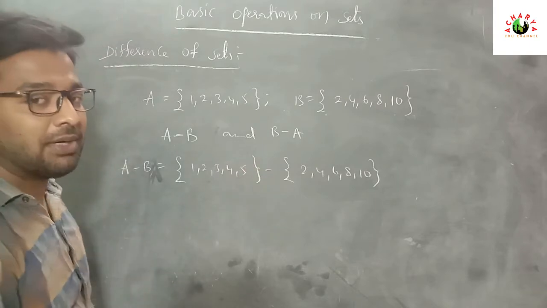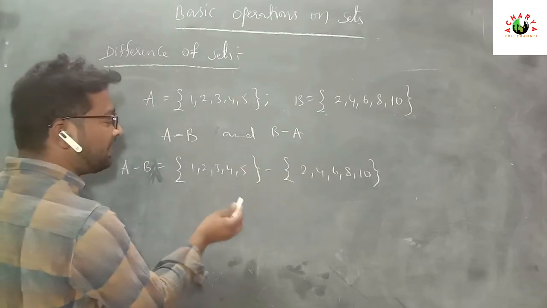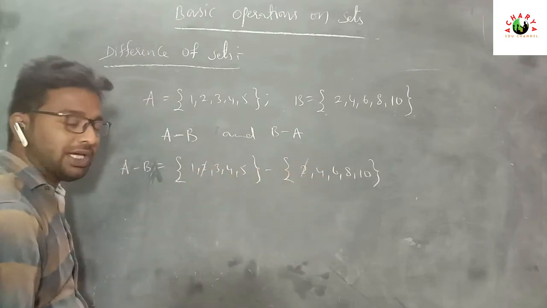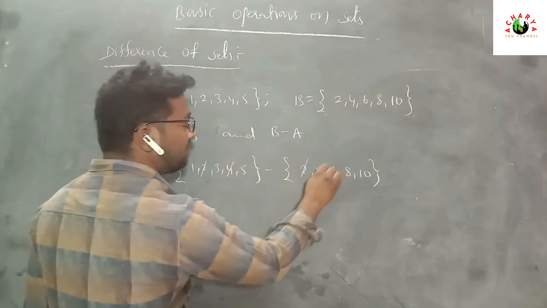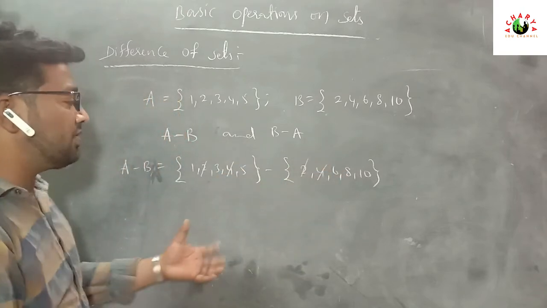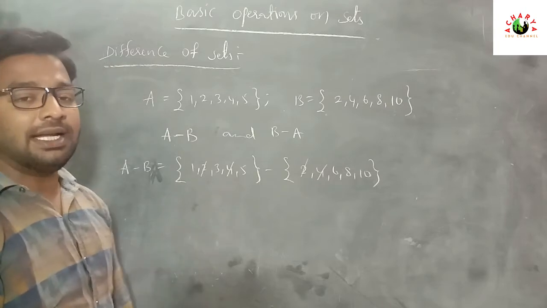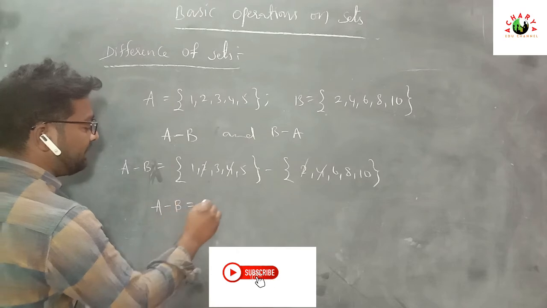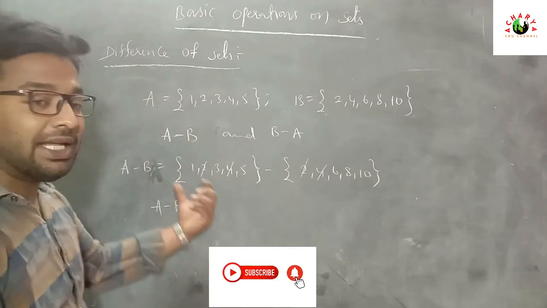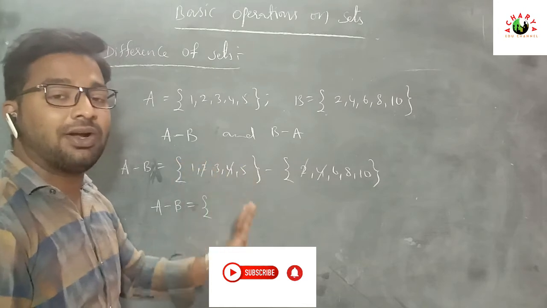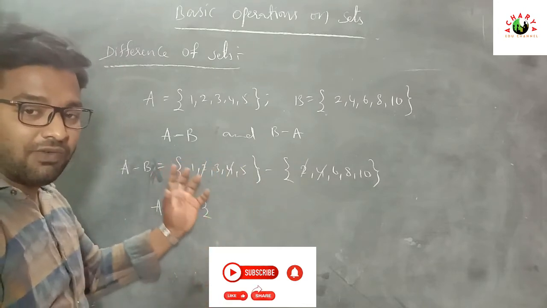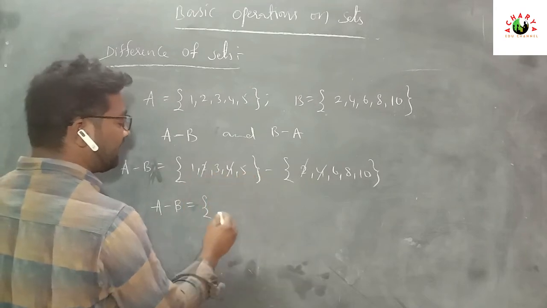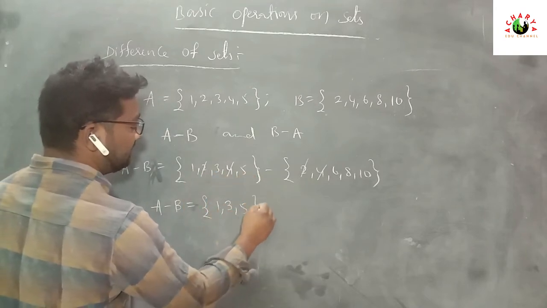Which are the common elements? Once you check both sets, 2 is common to both, so we cancel 2 here, and 4 is common to both, cancel here. Afterwards, when writing A minus B, we write the remaining elements of set A, not set B. The remaining elements in set A are 1, 3, 5.